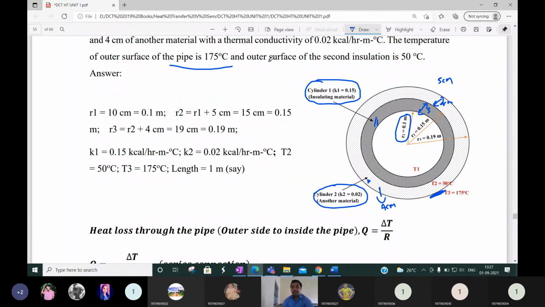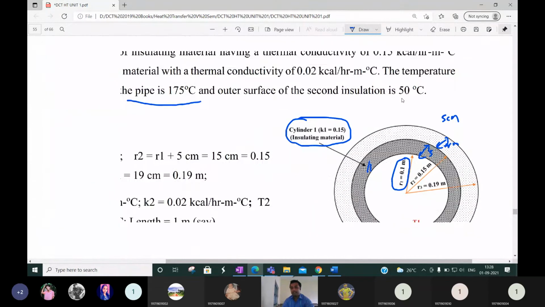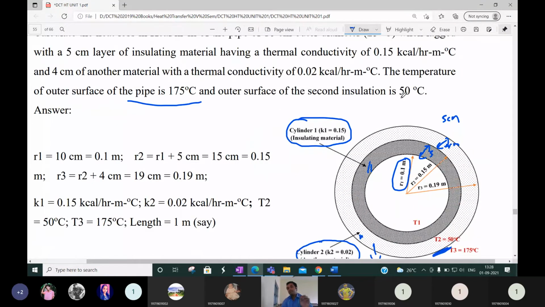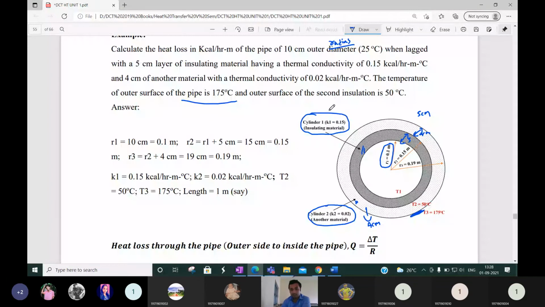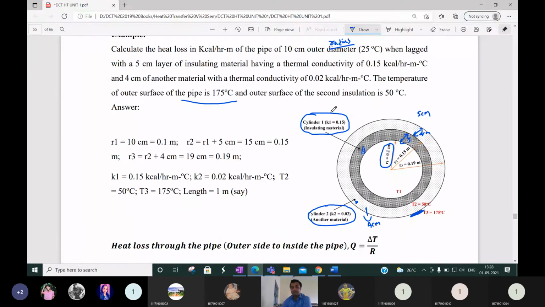And the outer surface of the first insulation is 50 degrees centigrade.